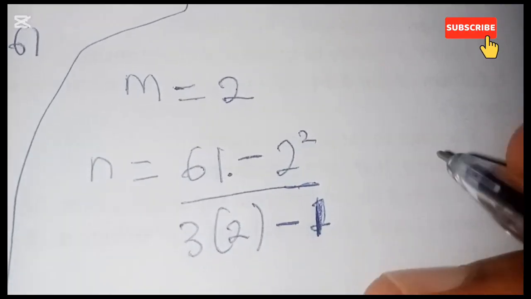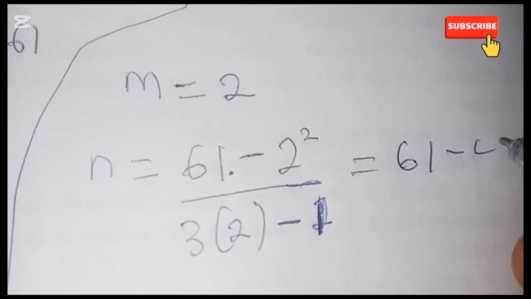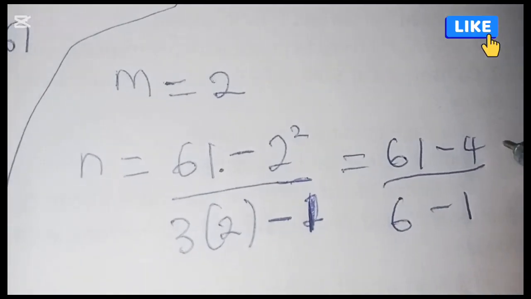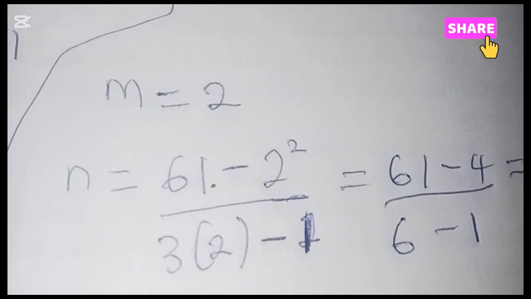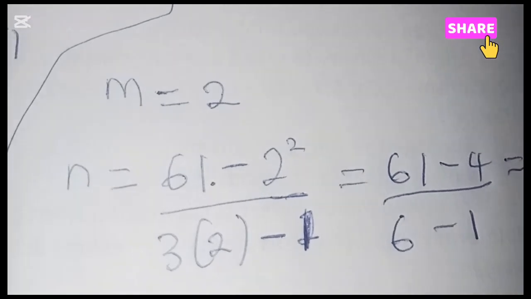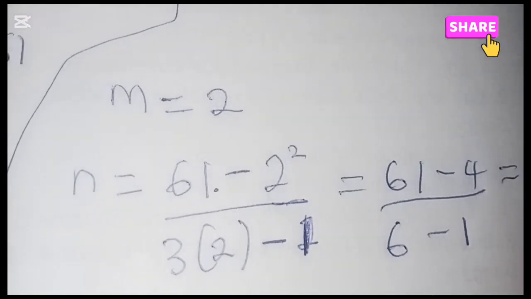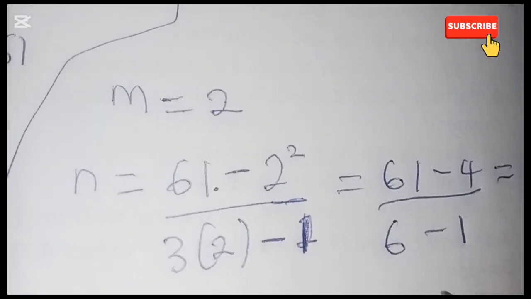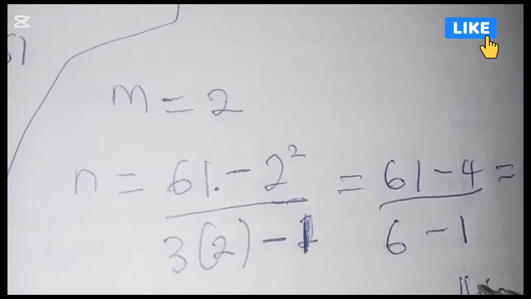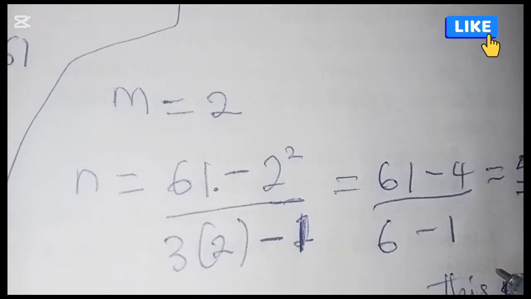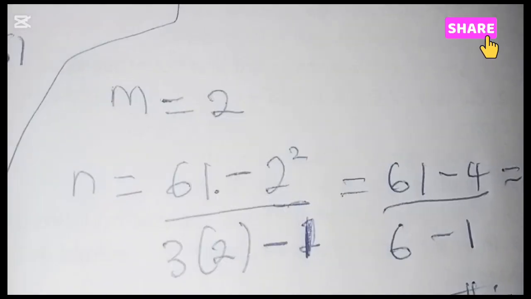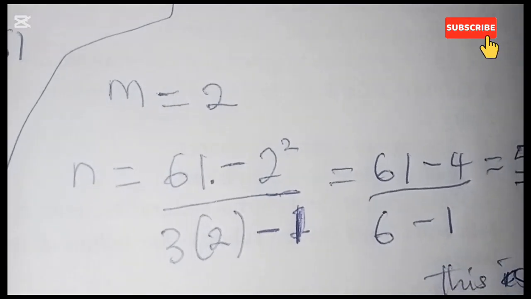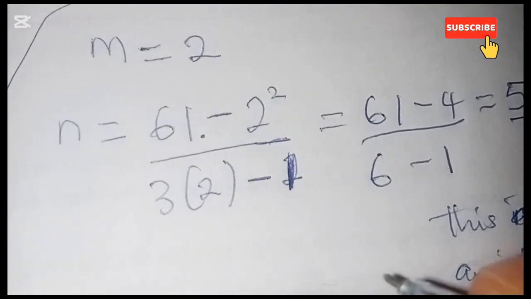According to the equation given to us, this gives us 61 minus 8 all over 6 minus 1. And when we subtract, this will give us 57 over 5. And this is not an integer solution, and so it is rejected.